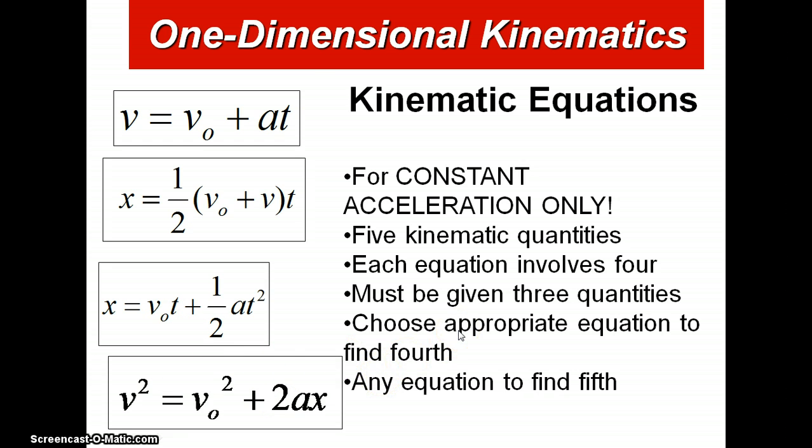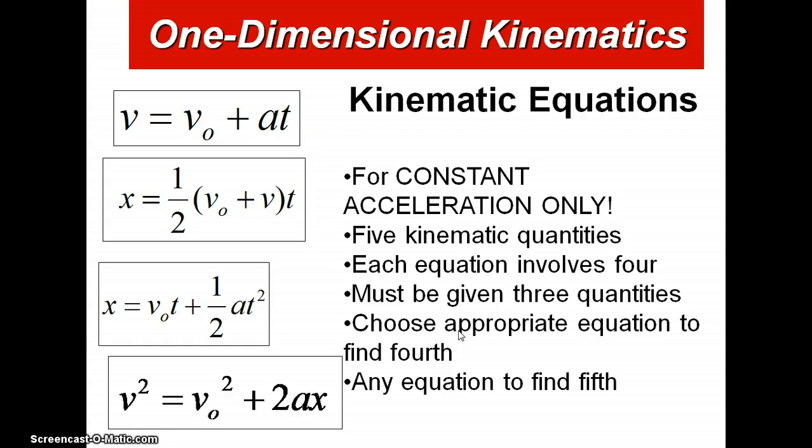So solving problems involving constant acceleration is pretty straightforward. Read the problem. First of all, identify that the motion is motion with constant acceleration, and decide what three things you're given.